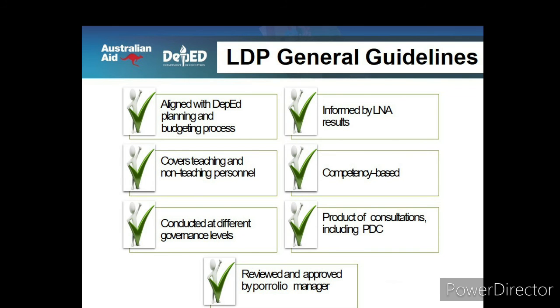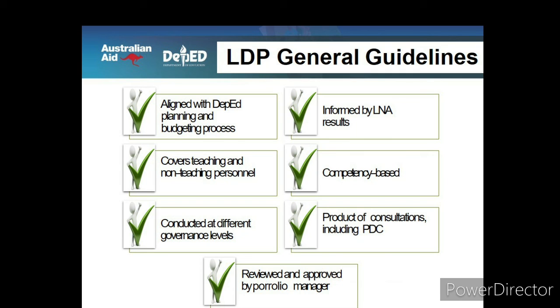Learning and Development Program General Guidelines. First, it should align with the DepEd planning and budgeting process. The reason why it has to align is so that it will answer and promote the DepEd thrust and programs. Number 2, it should cover teaching and non-teaching personnel.